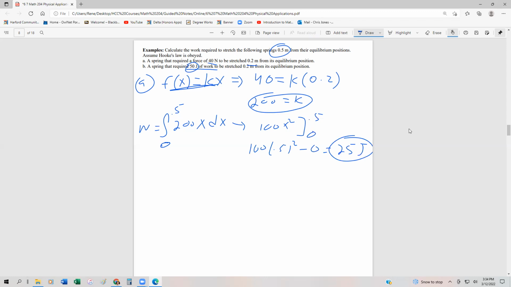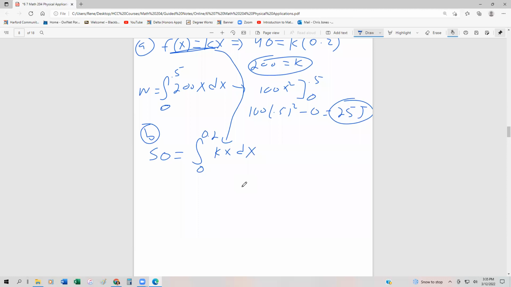So for this one, we're going to say that 50 is going to be equal to the integral from 0 to 0.2 of kx dx. So this is our force, right? But we just don't know what k is, but we know that the distance is going to go from 0 to 0.2. So we just basically set it up a little bit reversed.